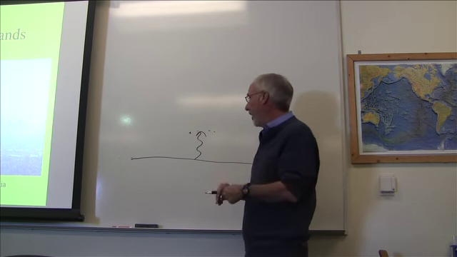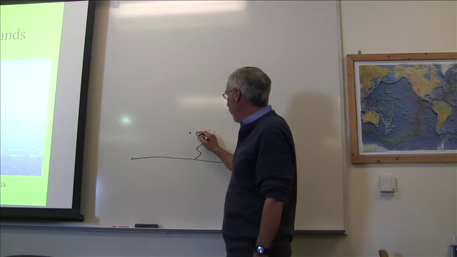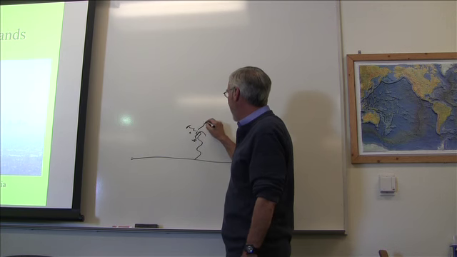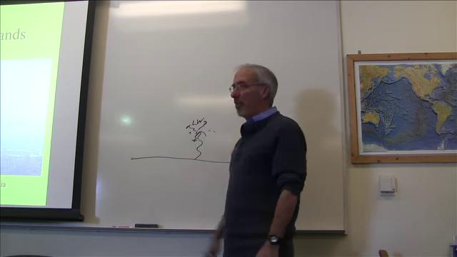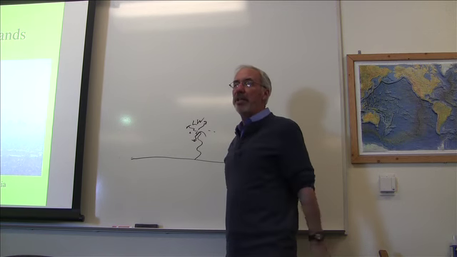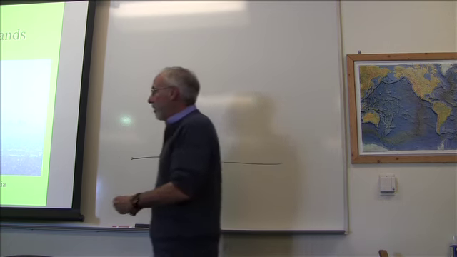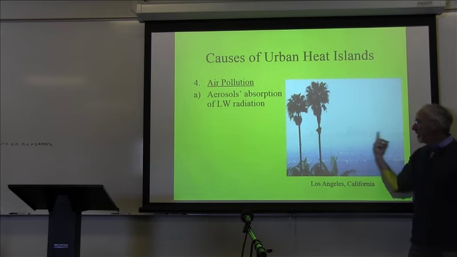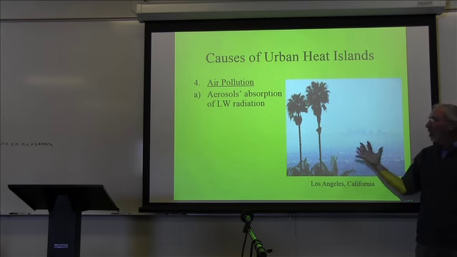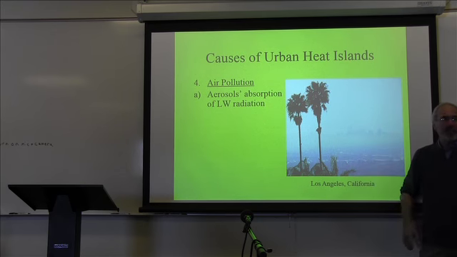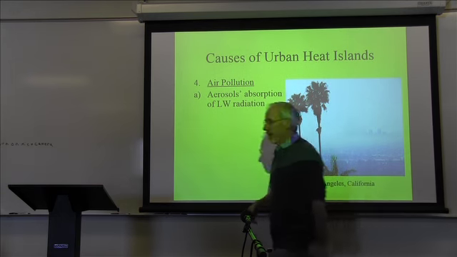They absorb it, okay? They're absorbing it and they are re-radiating it in all directions that the atmosphere can absorb. Remember, our atmosphere is really good at absorbing long wave, but not good at absorbing short wave. So these little bits of carbon that we see floating around in LA here are absorbing long wave and re-radiating out to the atmosphere and heating it up, okay?